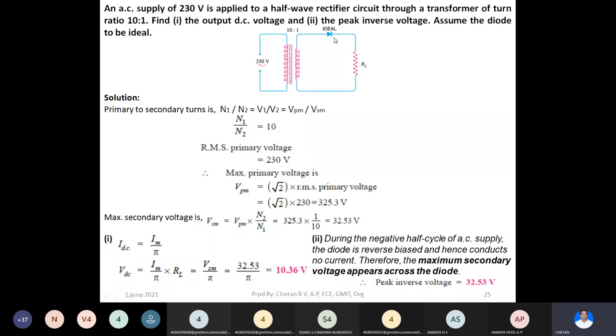If you look at this end, what you get is only the voltage across this secondary to be the voltage across this diode. Therefore, here you will get the peak inverse voltage as equal to Vm or VSM, which will be 32.53. So the peak inverse voltage is 32.53. I hope this problem is clear and well understood by you. So we shall move on to the next problem.